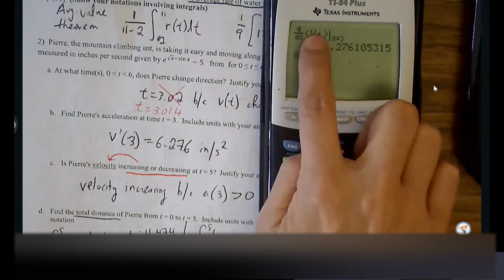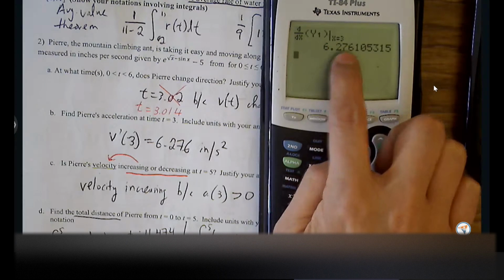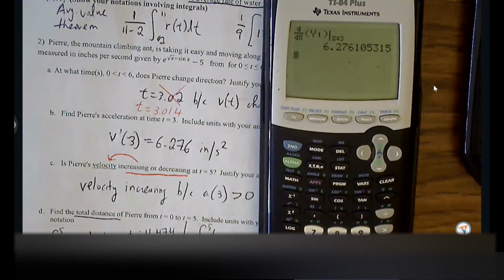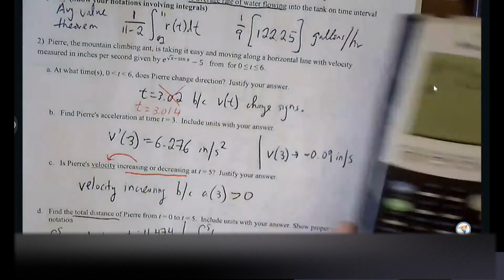So the velocity derivative is acceleration, so 6.276. Okay, good so far? Yeah, that makes sense.